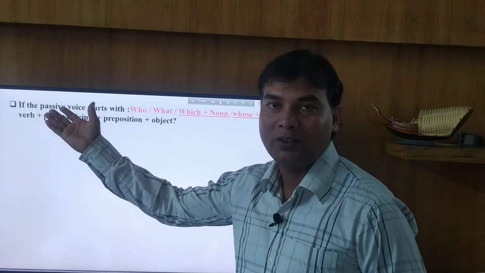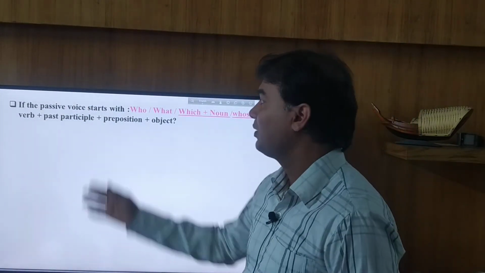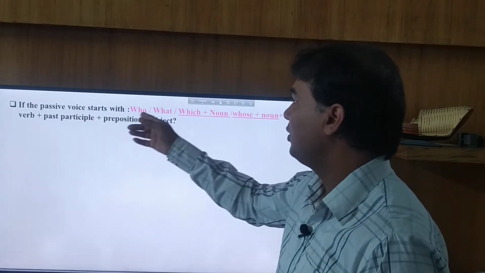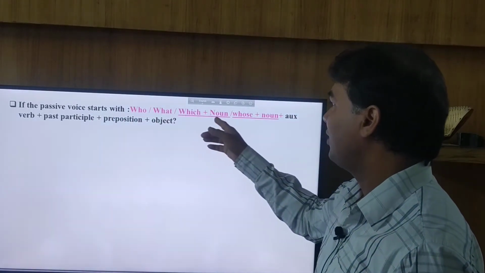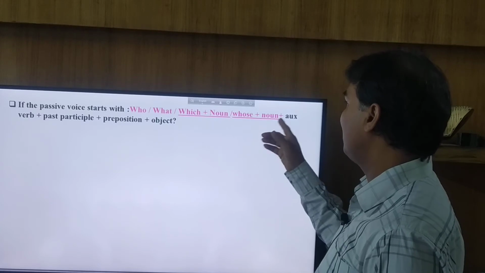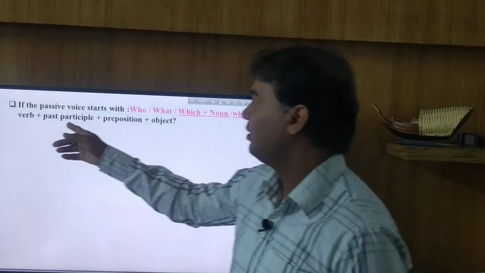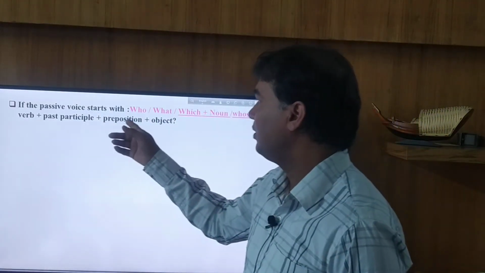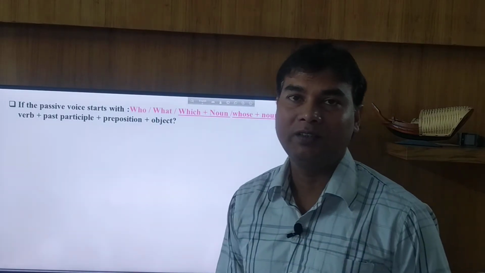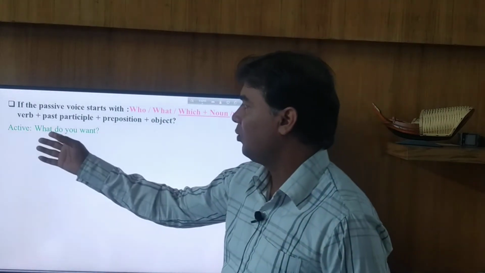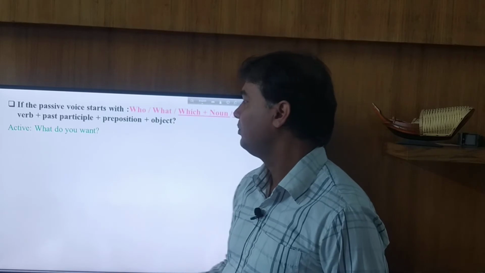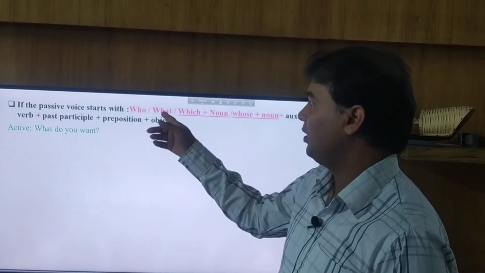This is another important rule of interrogative sentences. If the passive voice starts with who, what, which plus noun, or whose plus noun, then use the auxiliary verb, then the past participle of the main verb, then the preposition and then the object. This is an example: what do you want? Here you see what.